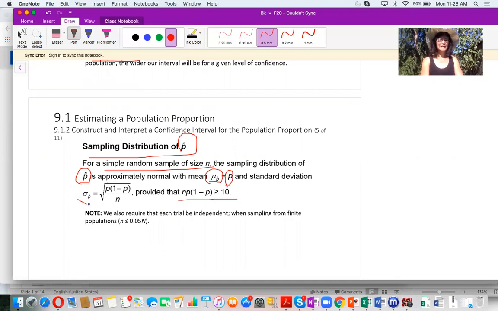The standard deviation of p-hat, we use sigma subscript p-hat, equal to the square root of p times 1 minus p divided by n. Also remember that to make sure each trial is independent, we also ask that the sample size n is smaller than 5% of the population size. The purpose is to make sure the trials are independent.